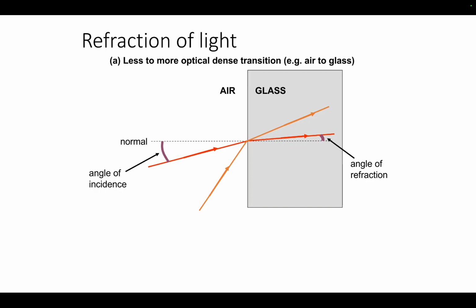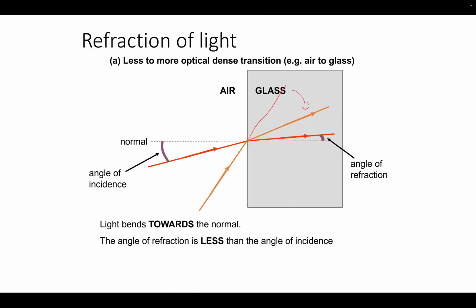If it didn't change direction, it would go in that direction, but it's moving towards the normal. So light bends towards the normal. The angle of refraction is less than the angle of incidence. The angle of incidence is this one, and the angle of refraction for the red one is this one.